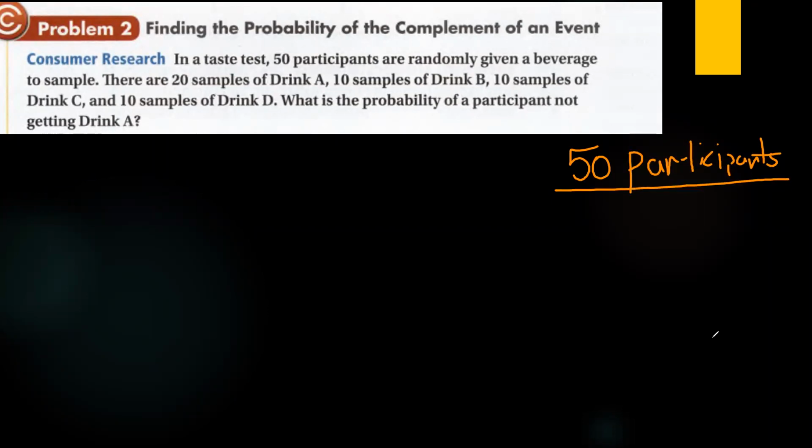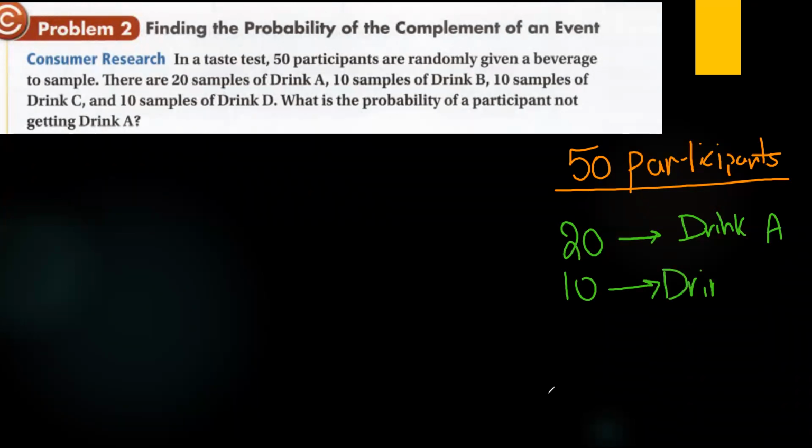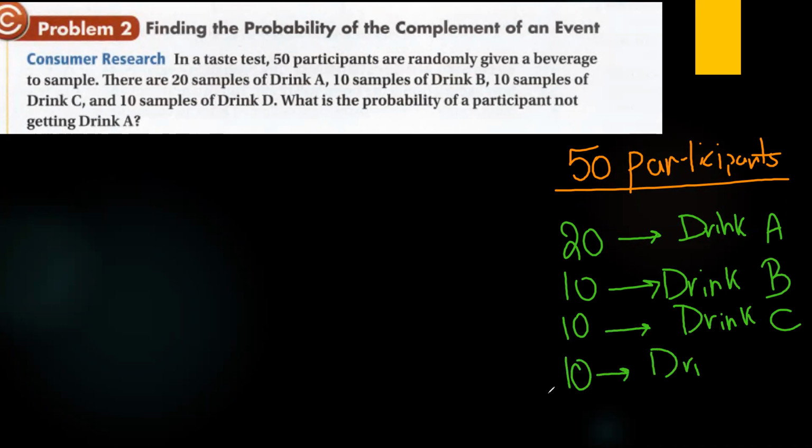Now, for this 50, 20 samples for drink A and 10 samples for drink B, 10 samples for drink C, and 10 samples for drink D. This is now the data I have.